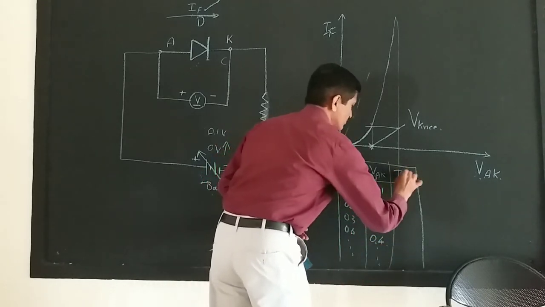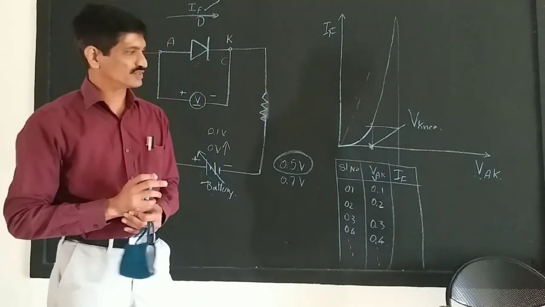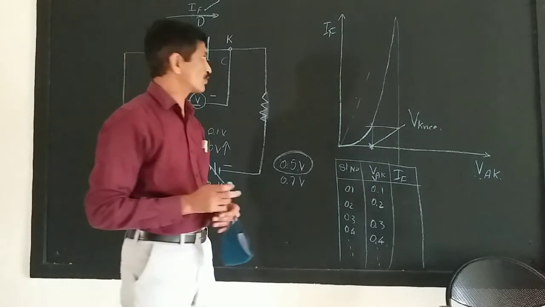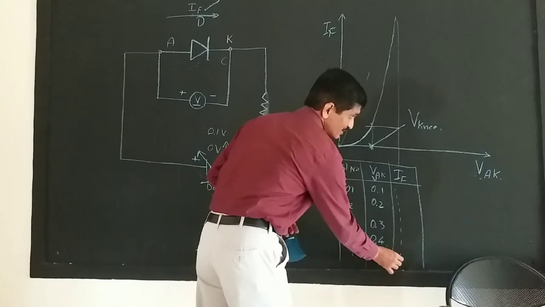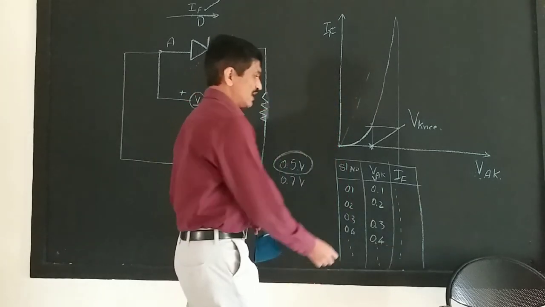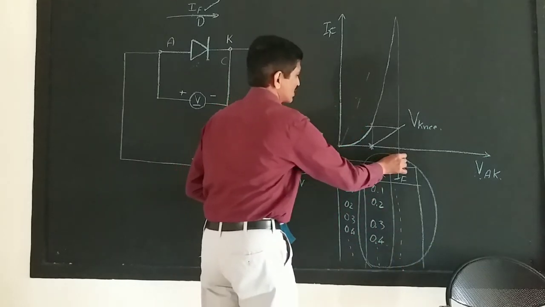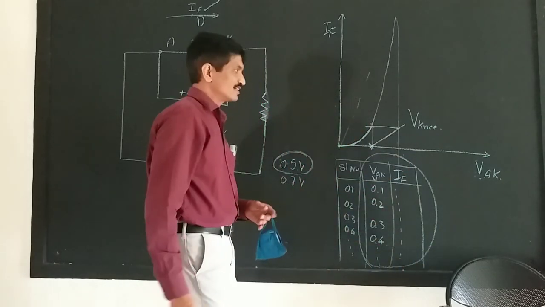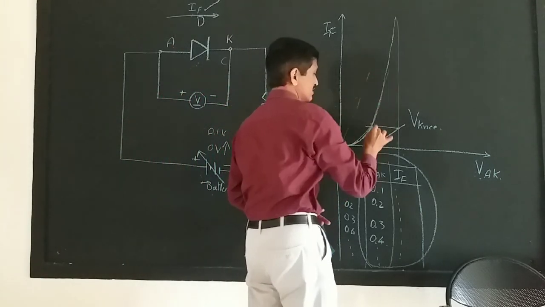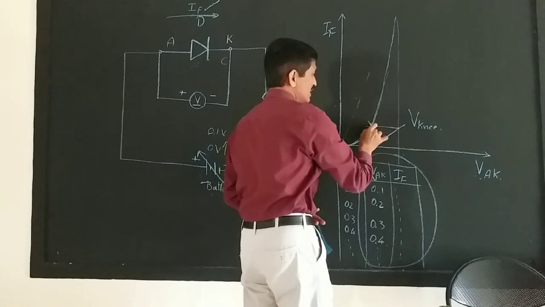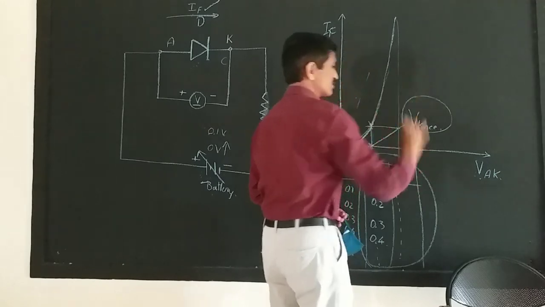We can record the forward current, generally in milliamperes, the current range that will be flowing through these diodes. Whatever current you get, you record it in the tabular column, and these two readings can be plotted in a two-dimensional graph, and you can see that the graph will resemble the same curve here, where the point from where the linear rise in the forward current happens is called the knee point of this diode.